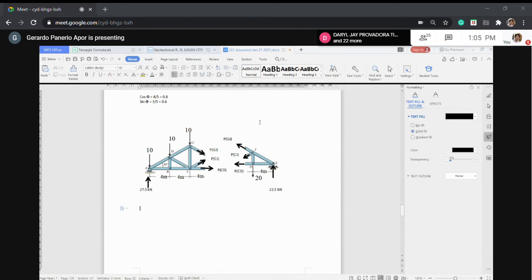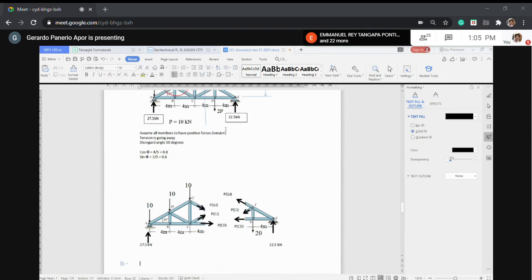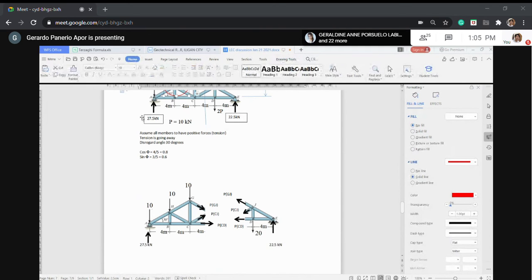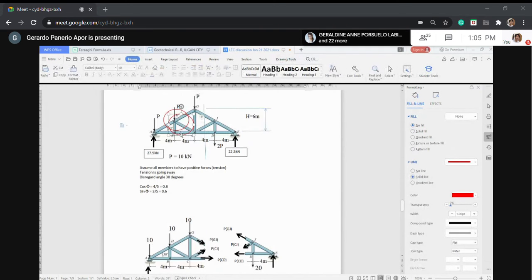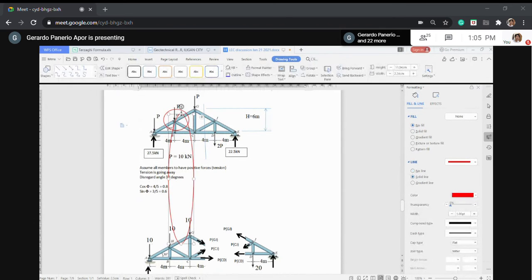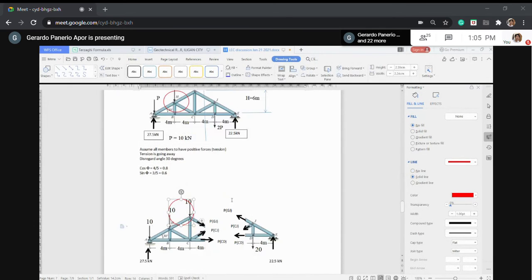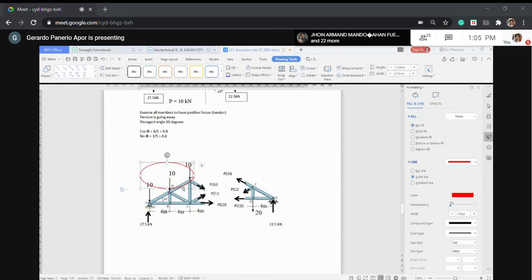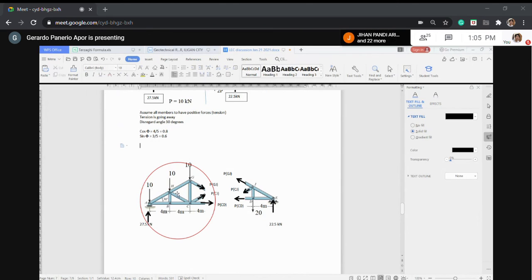So if I am going to consider, for example, the number of unknowns, if I am going to use this particular section, this structure, I have three forces which are 10.